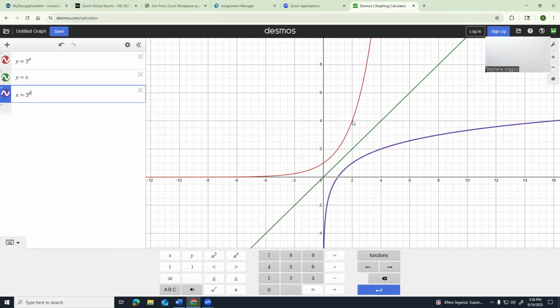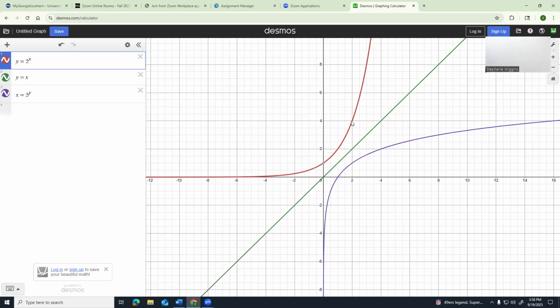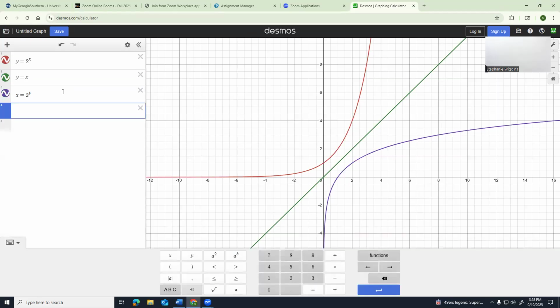So like if this point right here is (2, 4), let me just plot it. That's probably the easier way of doing it. If I plot (2, 4) and then plot (4, 2), you can see this point is reflected over here.